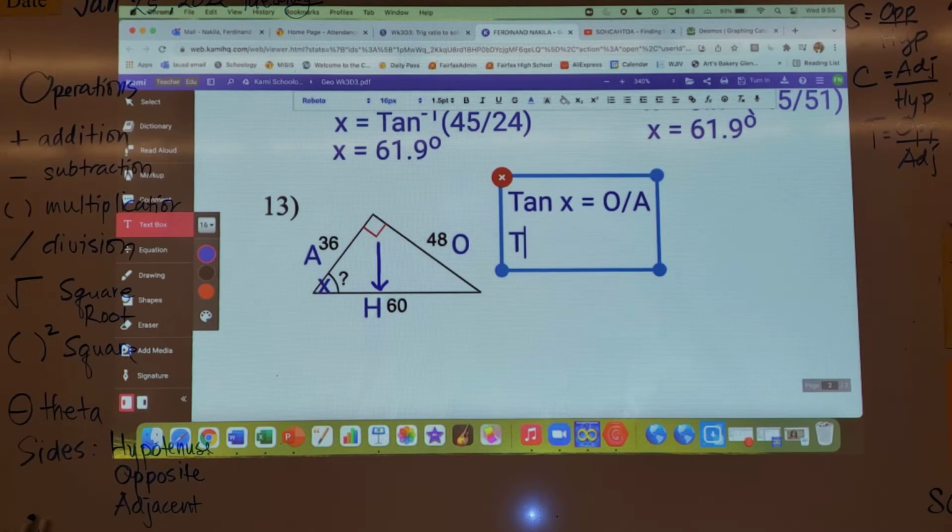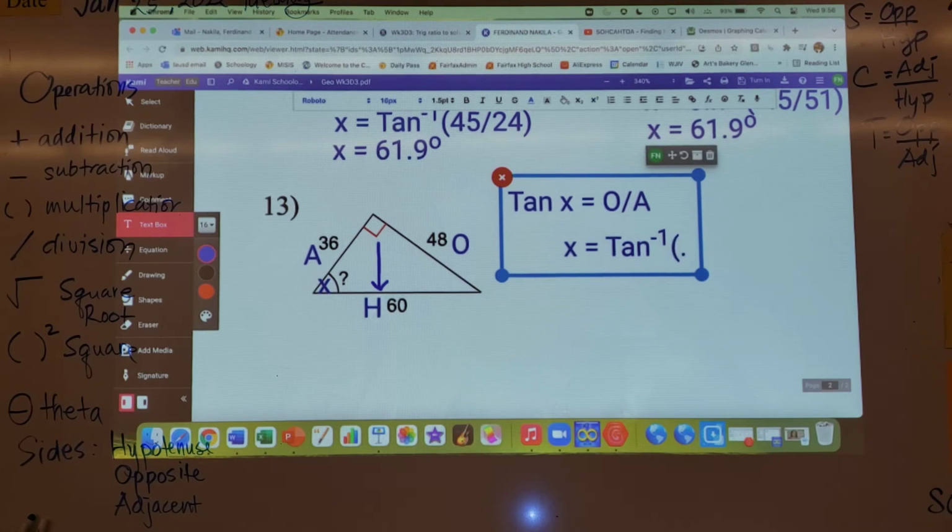Or I can just write x equals inverse tangent. The way you write that, you need to use a superscript. Put a -1, that's how we write inverse tangent. And then you multiply that by opposite over adjacent.